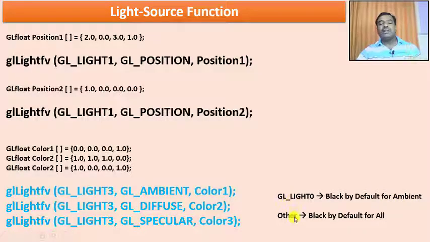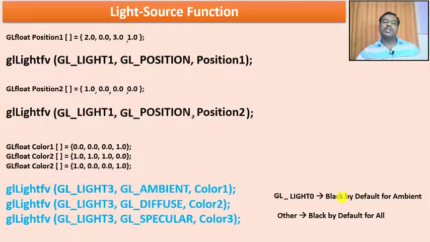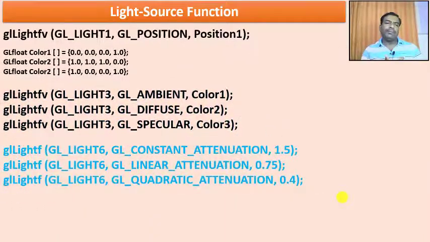For any other light source, all the ambient, diffuse, and specular will be of a black default color, whereas for light 0 only, by default the ambient is black, and diffuse and specular are white. This is what you need to understand.